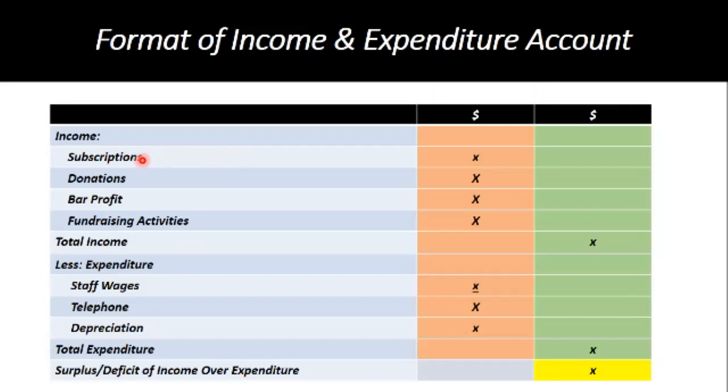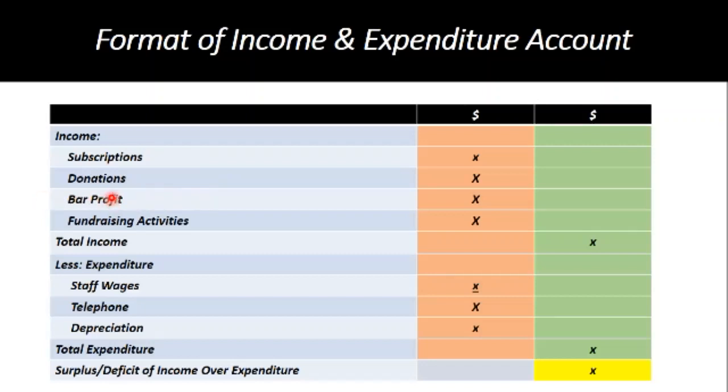So subscriptions here would include all that you collect for the year for that year, add on what you didn't collect but was due for that year. Okay, that's called subscriptions in arrears. Donations, all that you receive during the year, and the bar profit, only the profit for the year.